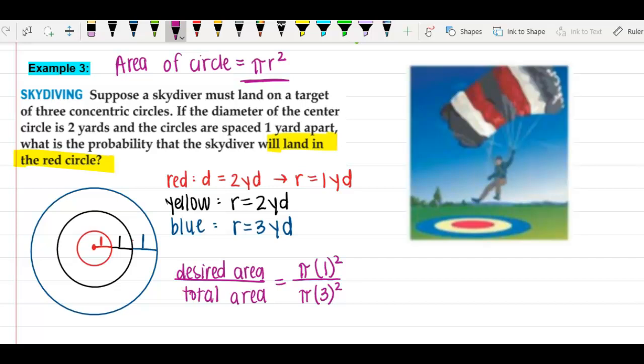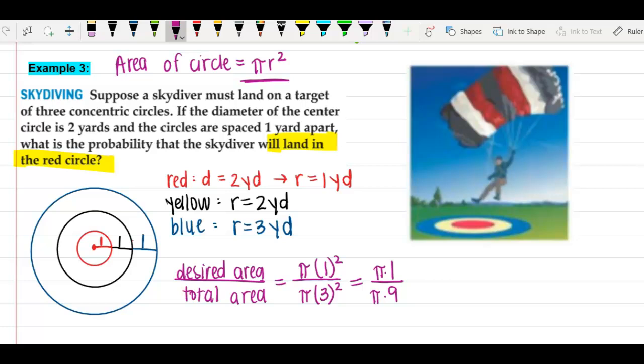Okay, before you put this in your calculator, we can actually simplify this by hand. 1 squared, hopefully you know, is just 1. So it's really just pi times 1. And then we have pi times 3 squared, and 3 squared is 9. So really we have pi times 1 on the top, pi times 9 on the bottom.